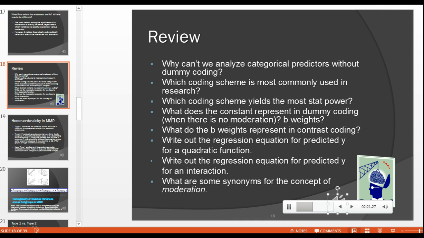It has more statistical power because for dummy coding, for 6 levels, you would need to create 5 dummy codes.